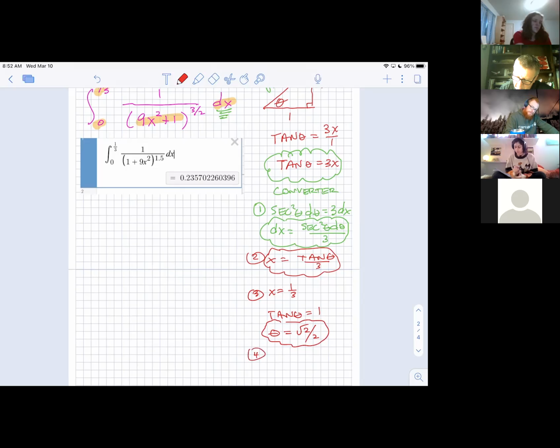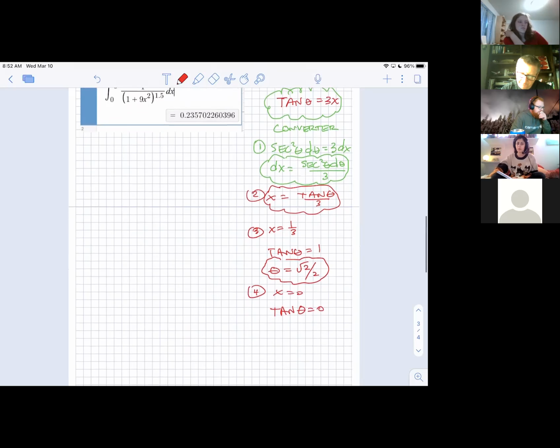Lastly, I just need to know what about 0. If x is 0, then I'd have the tangent of theta equals 0. Ooh, can you pull that one off? What angle am I at? If tangent is 0, do you speak the language of trig well enough to pull that off? It's a hard one. Is it 90? Think of it this way: isn't tangent sine over cosine?